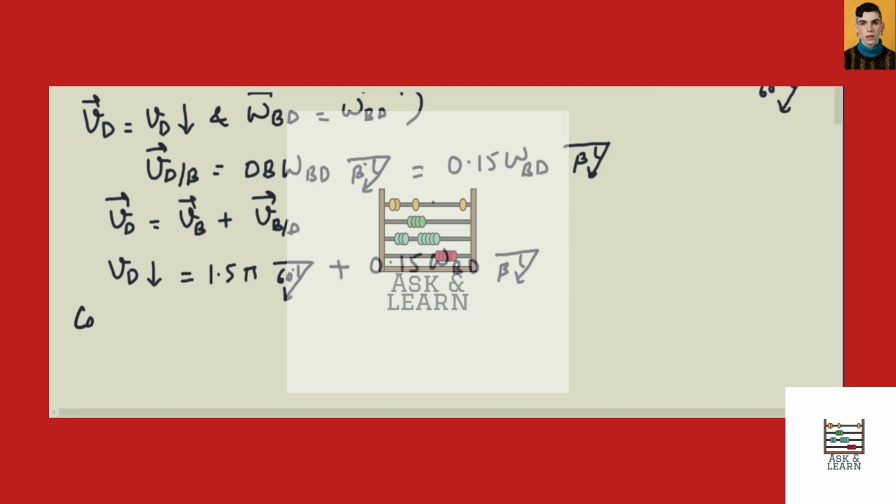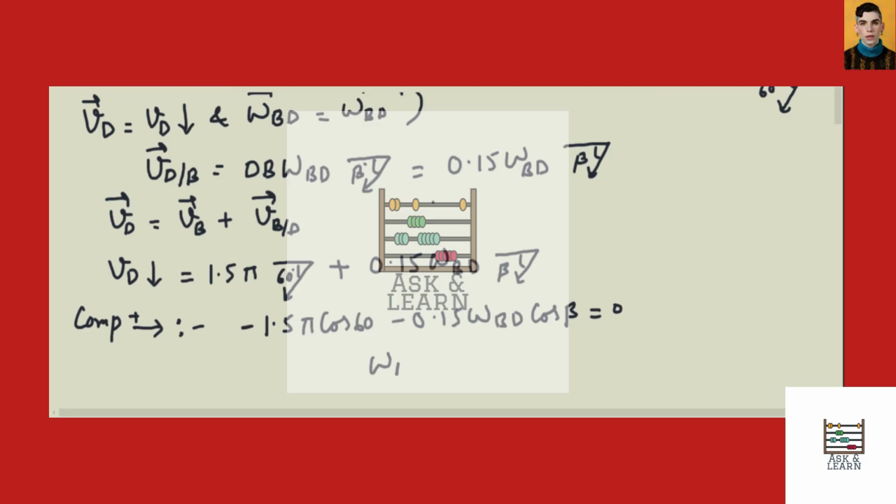Now taking the component of this along it positive, so you may write minus 1.5 pi cos of 60 minus 0.15 omega BD cos of beta equal to 0.